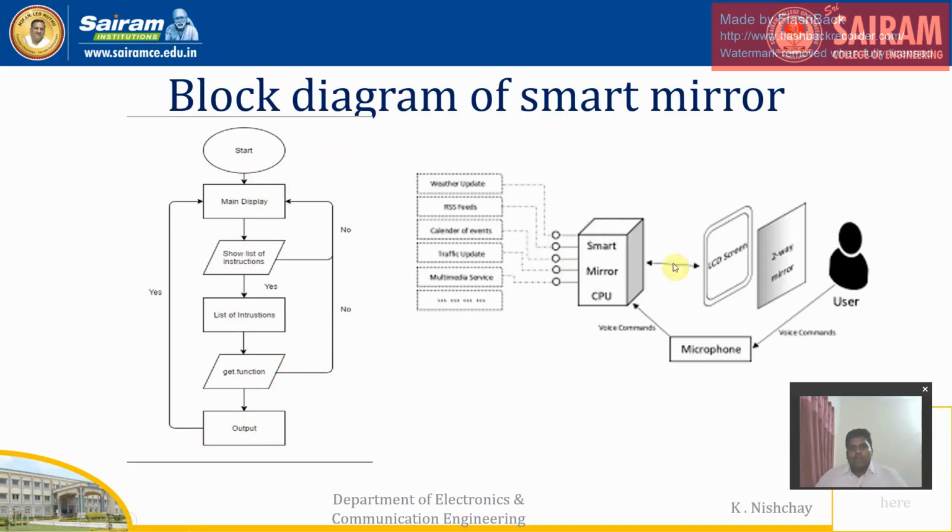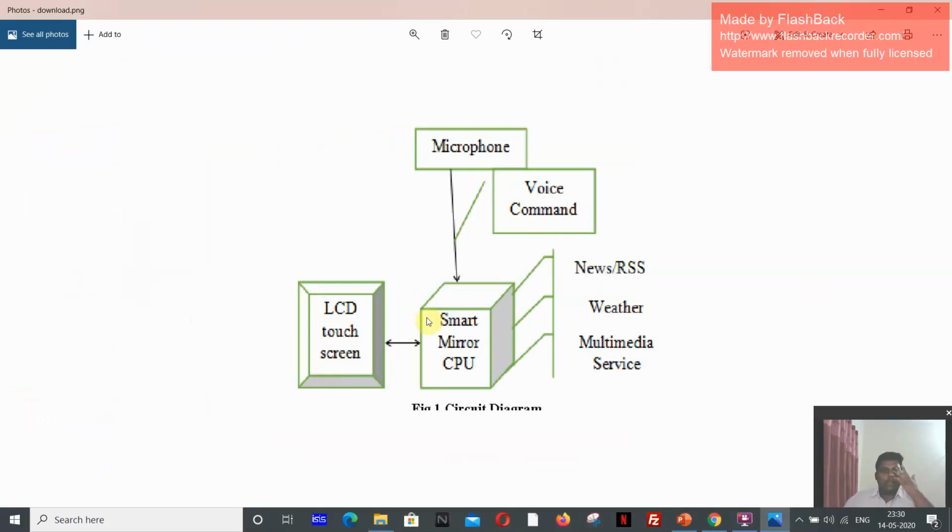Now, the block diagram of the smart mirror. This diagram is a little bit blurry, I'll show you another block diagram. Now see, this is the block diagram. This is the smart mirror CPU, a Raspberry Pi. This is a mirror.